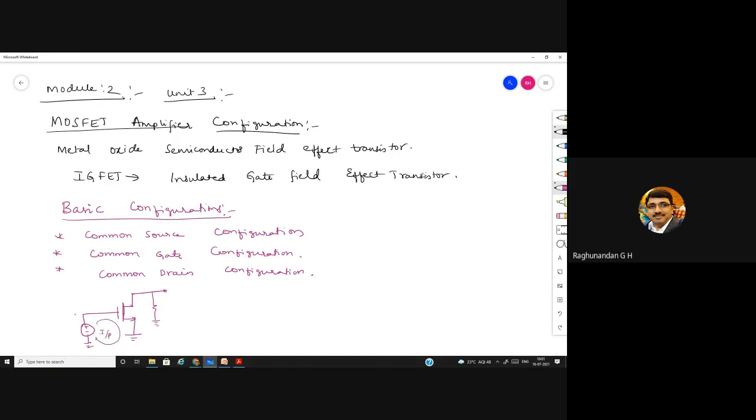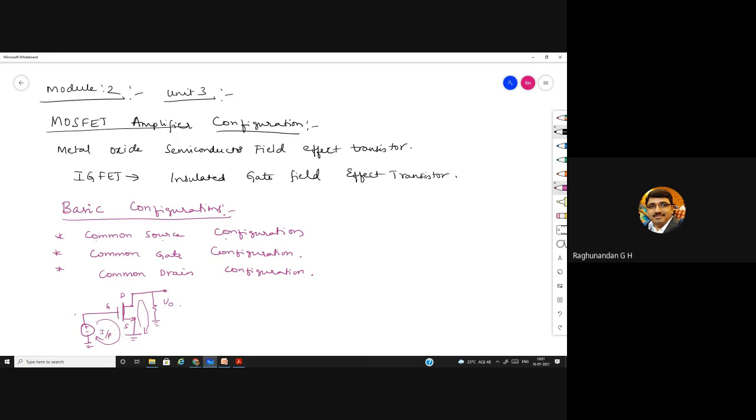You can create a loop here, the input loop, and this is the output loop where we get the output. For the input and the output, the source is common. This is gate, this is drain, this is source. Source is common for the input and the output circuit or loop. That's why it is called common source configuration.